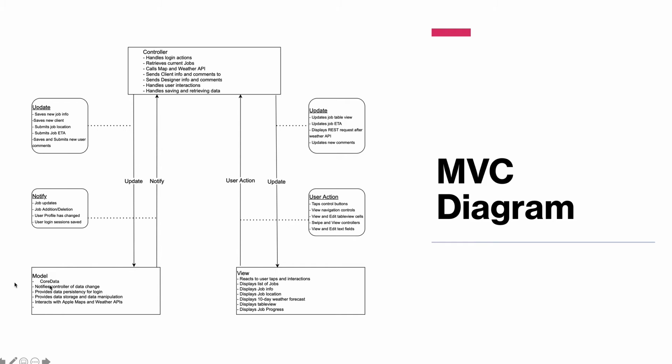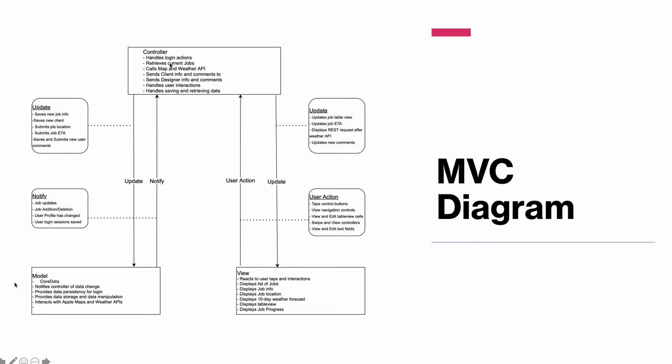Now, the model, whenever it has any data change and so forth, it'll notify the controller so that the controller can actually do the data manipulation, and then the controller itself will update the model so that everything is congruent and up to date. Now, notifications sent from the model can consist of job updates, whether it's the details of the job or additional jobs themselves, deleting jobs.